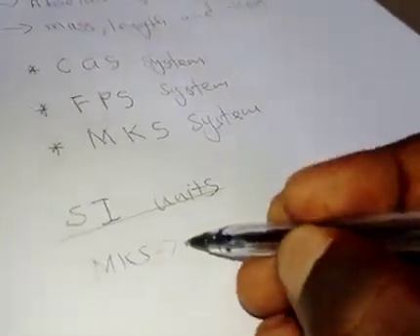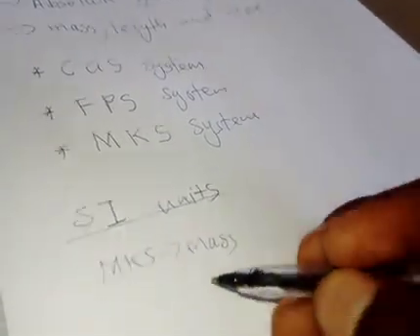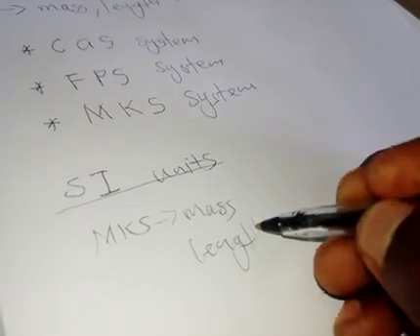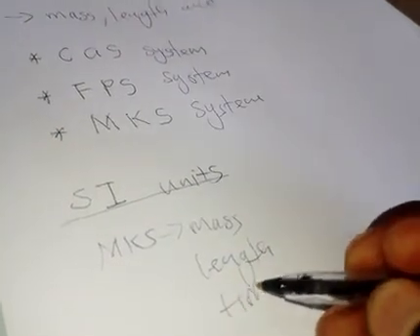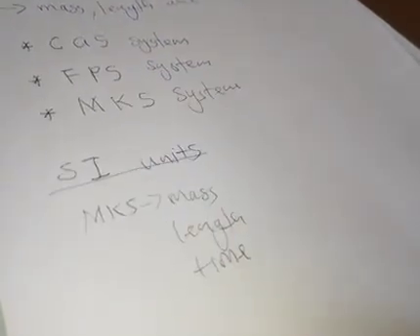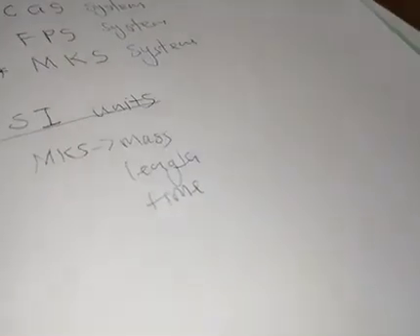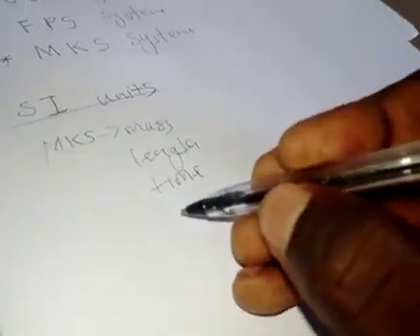So how was it modified? We know that the MKS system of units only consists of mass, length, and time. Now it was modified by adding 4 more physical quantities. What are these quantities?